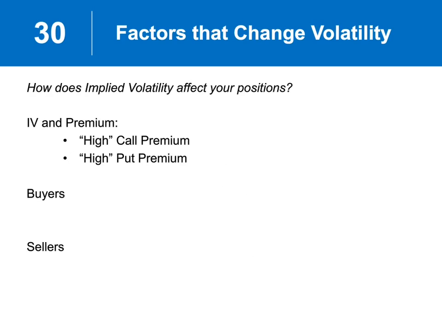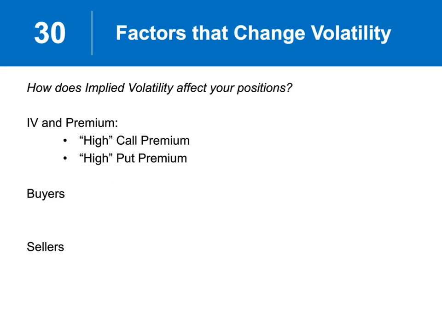All right. So we know after all this business about implied volatility, this doesn't affect your positions. And once again, we saw back on slide 20 that picture shows you a little bit about those factors that influence option premiums.